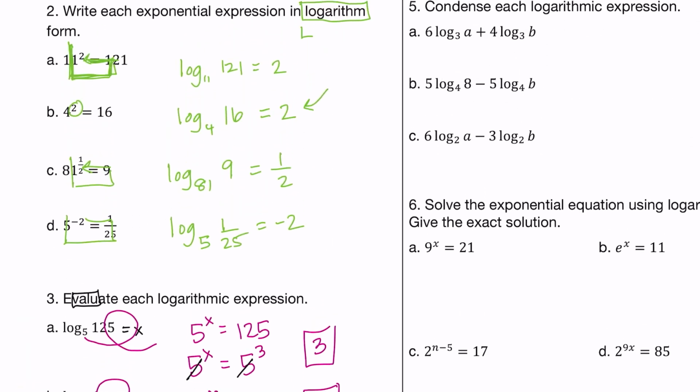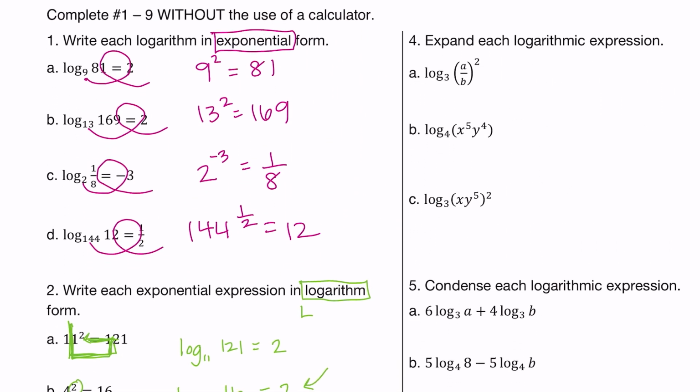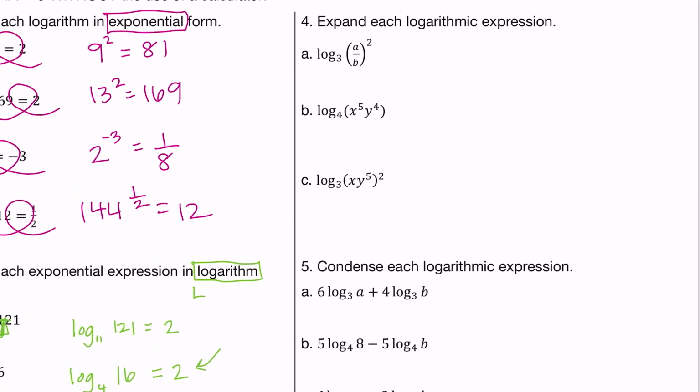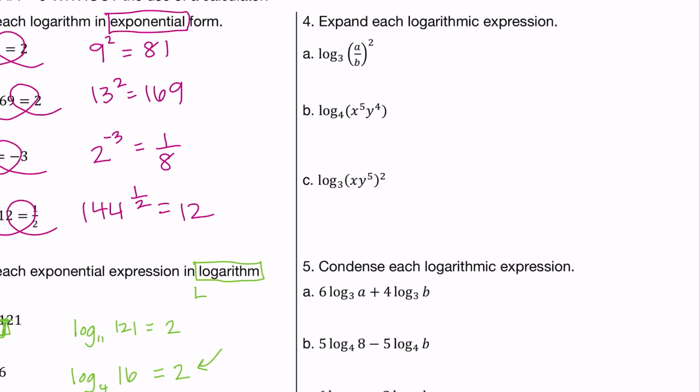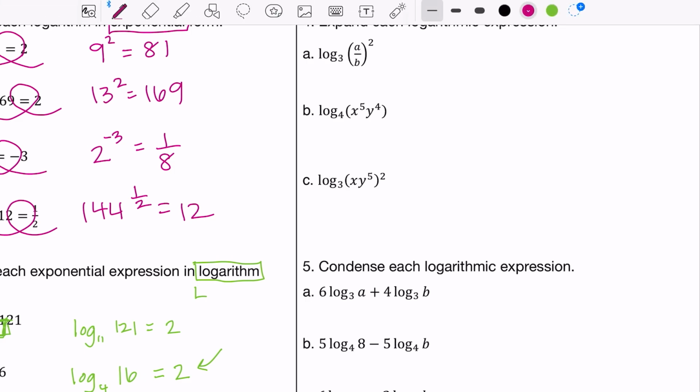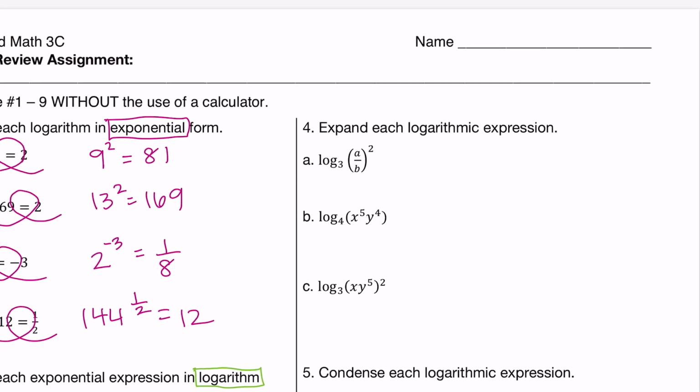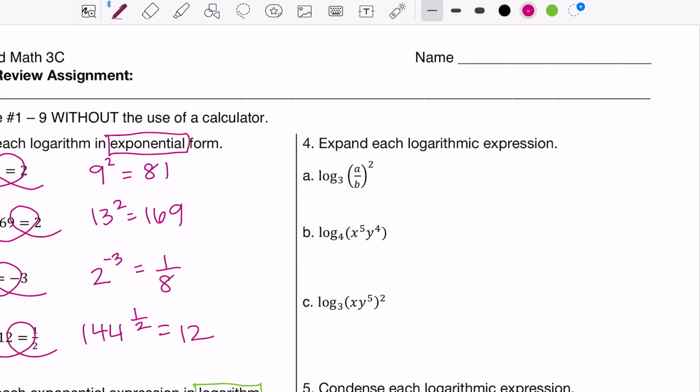Alrighty, let's move up to the top here. Expanding, and then we'll be condensing. So you might want to write this at the top of your paper just to help you out here. If you are multiplying when you're in condensed form, then when you go to expanded form, you should be adding.